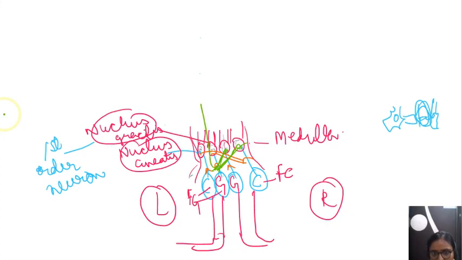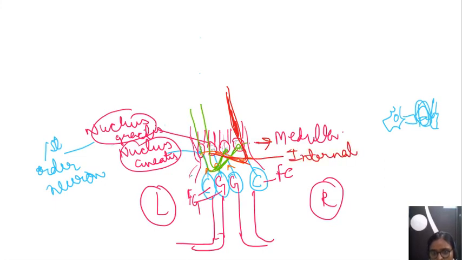These are now ascending upwards. Likewise, from the left side also, these are coming and ascending upwards. Now from here the second order neuron starts, right? The level at which it gets crossed is the medullary level, and the crossing is called your internal arcuate fibers.